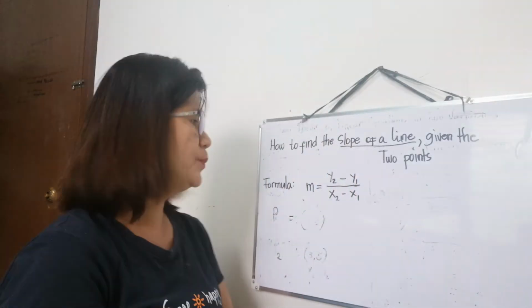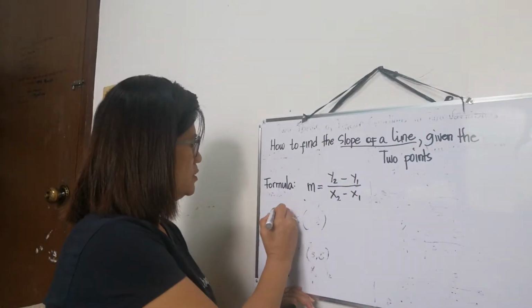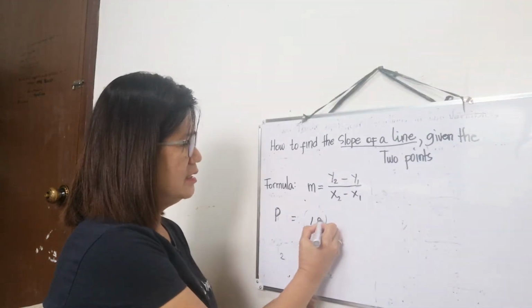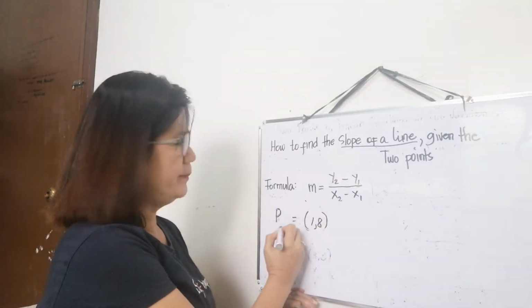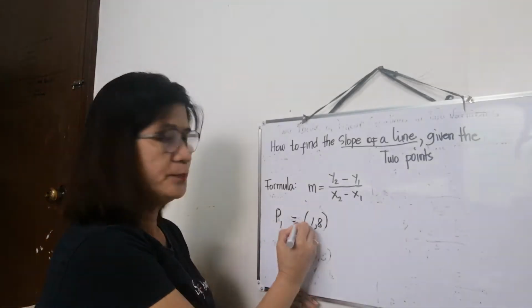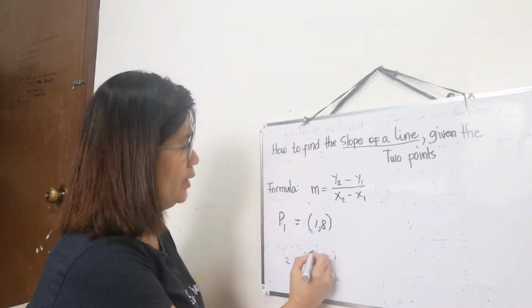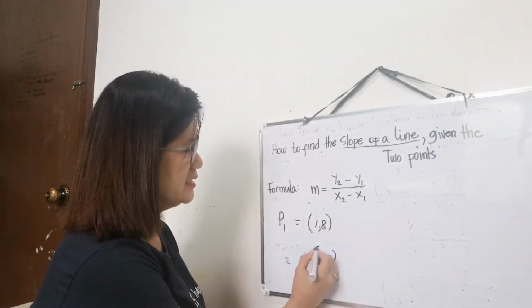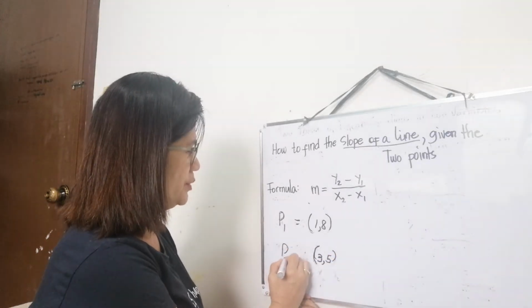So, given the 2 points, let's use 1, 8 be our P1 or point 1. Then we will use 3, 5 as our point 2.